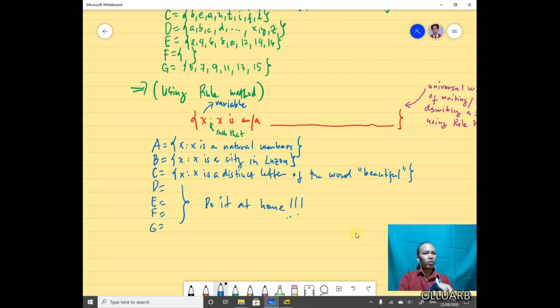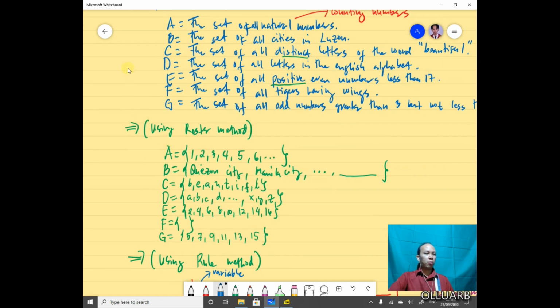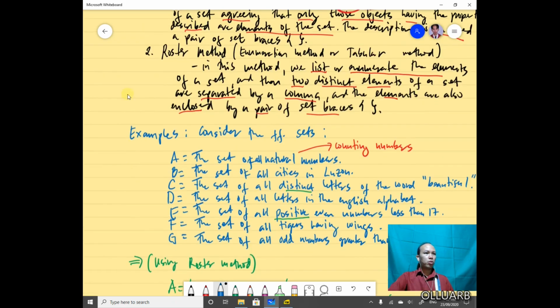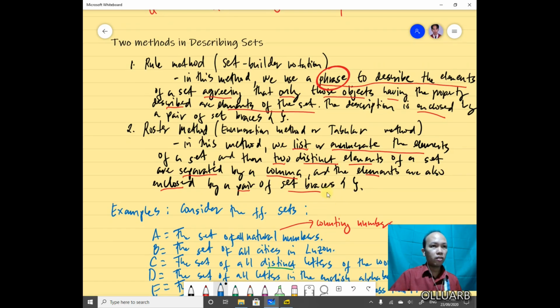So that's how you are going to describe a set using roster and rule method. For the next definition, we will be discussing subsets and equality.